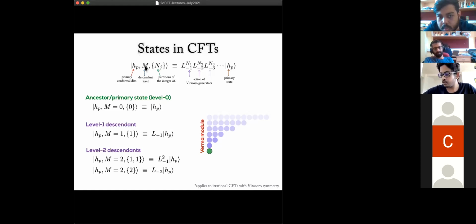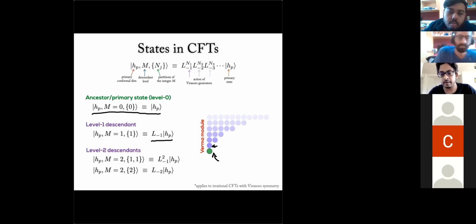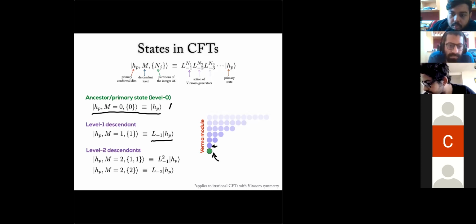Okay, so at level 0, you have this ancestor or this primary state, which is this. At level 1, which is this state over here, you can act by L_{-1} on h_P and get this state at level 1, and this has got energy h_P plus 1.